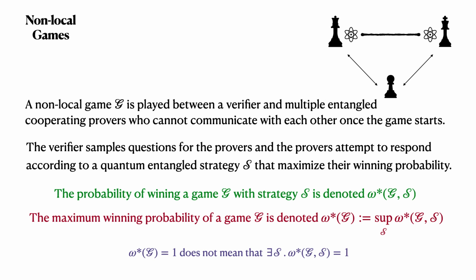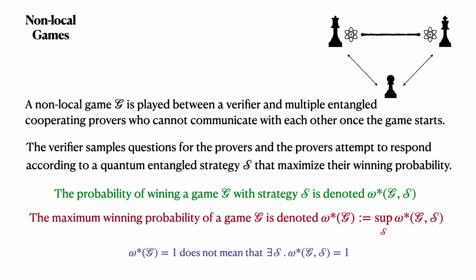The verifier first samples questions for the provers, and the provers attempt to respond according to a quantum entangled strategy S. And they try to do so by maximizing their winning probability.